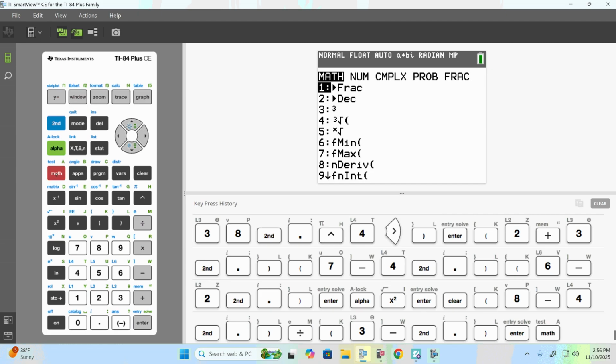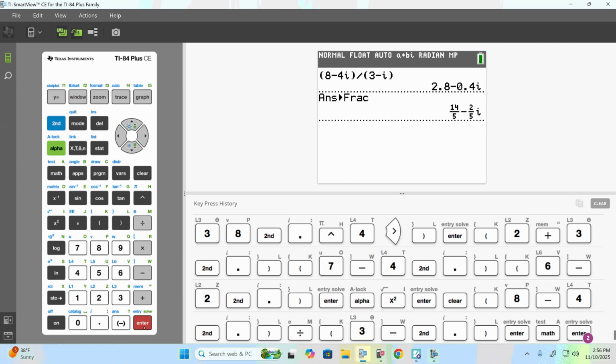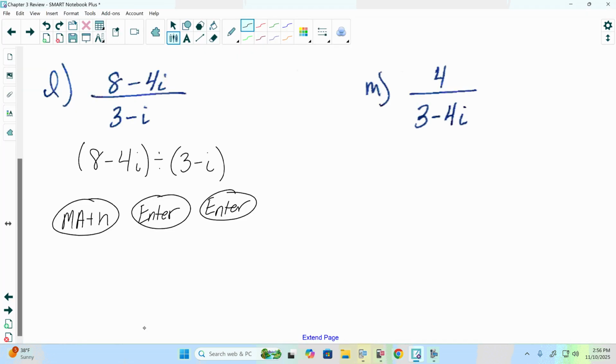But again, as I said, we're going to go math, enter, enter. We want to turn it into a fraction. So we get 14 fifths minus 2 fifths i. And that's the answer.